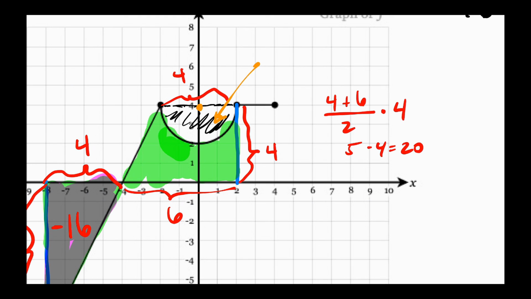So let's see. It looks like this radius right here is, what is that? 1, 2, 2. So pi r squared divided by 2, which is 4 pi over 2, which is just 2 pi.